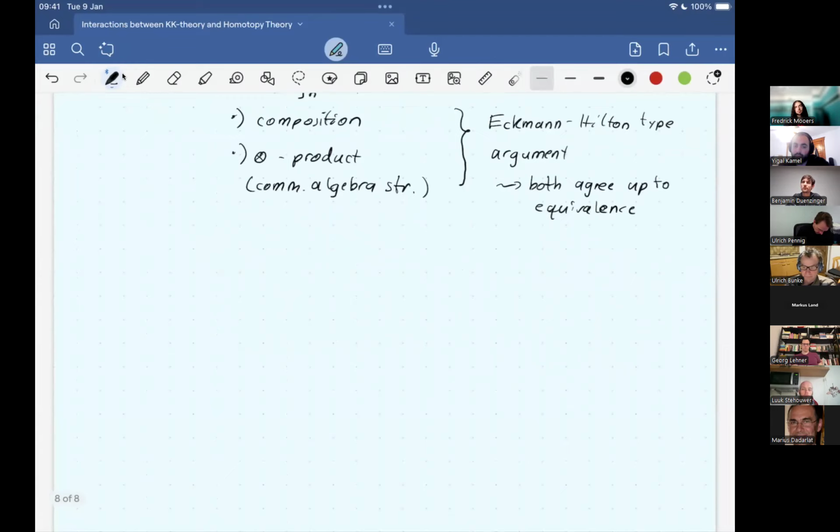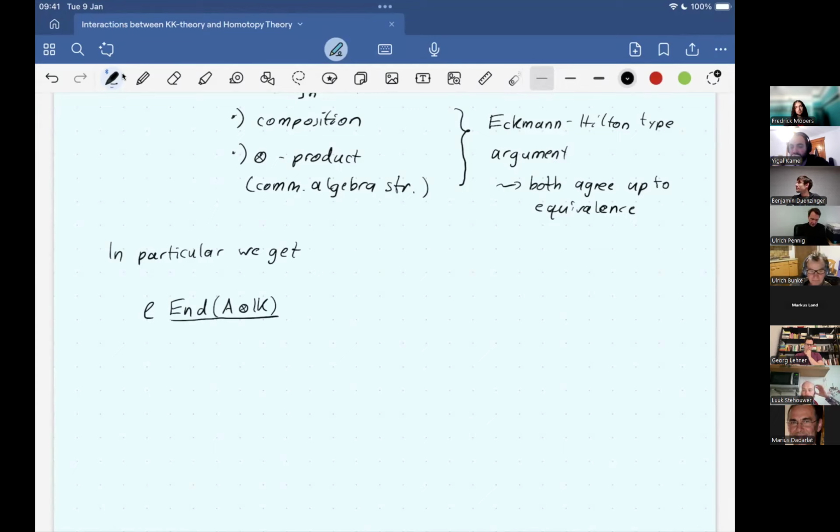In particular, we get the following. I can take the anima associated to the endomorphisms of the C star algebra A tensor the compact operators. Even though it's not unital anymore, and for that reason also not strongly self-absorbing, it is still an idempotent in C star alg H. So I can look at this.